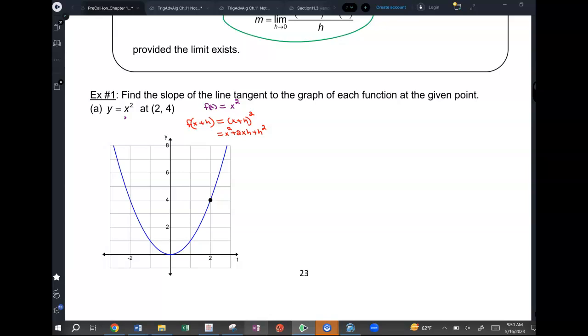Okay. All right, so now we're ready to apply this formula here. So the slope of the tangent line is equal to the limit as h approaches 0 of f of x plus h minus f of x all over h.